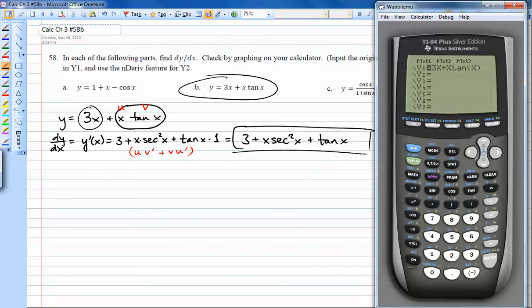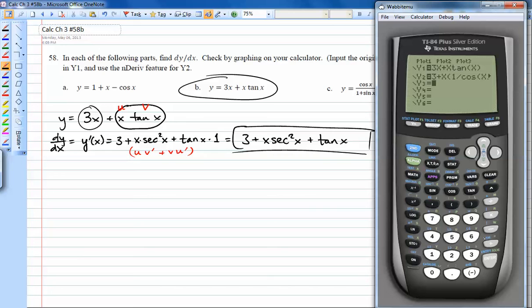For y2, I'll type in the derivative that I found, which is 3 plus x, and then secant squared I'll type in as 1 over cos x squared. So I'm squaring the 1 over cos x. And then I need to do plus tan x.